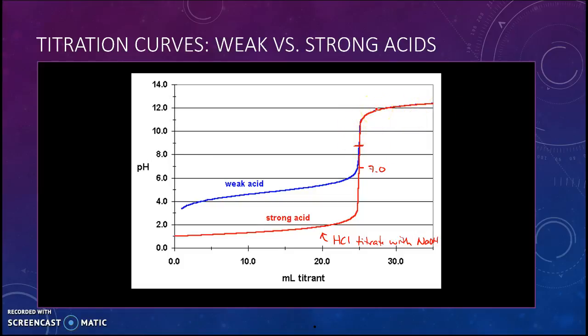So for right now, realize that one of the main differences between these two is where the center point is. pH of 7 for a strong acid titrated with a strong base, whereas this, which could be maybe acetic acid titrated with sodium hydroxide, that's what the blue one is here, its center point will be a little bit higher up.